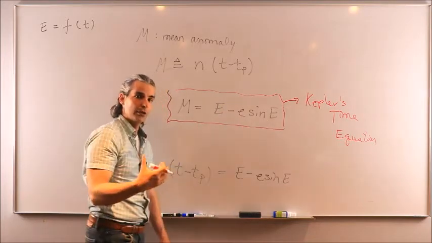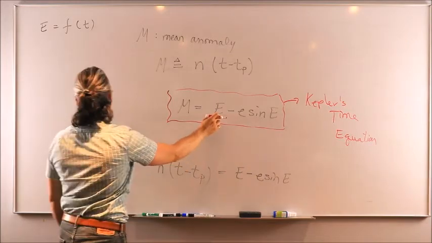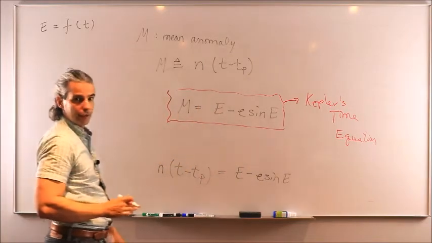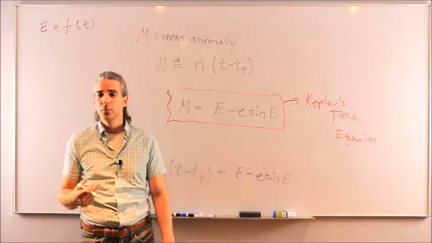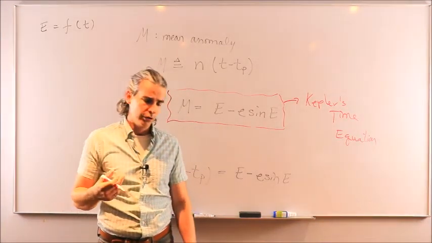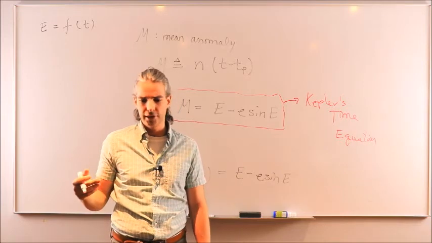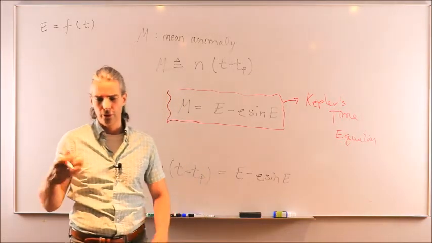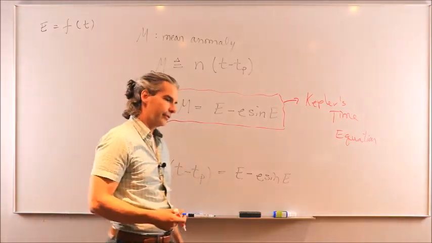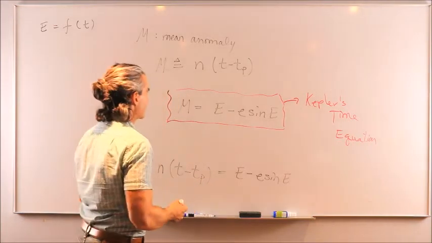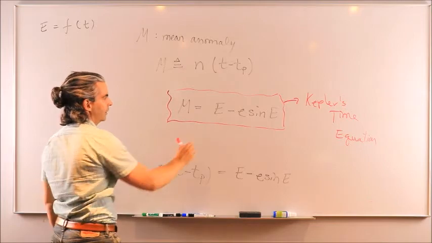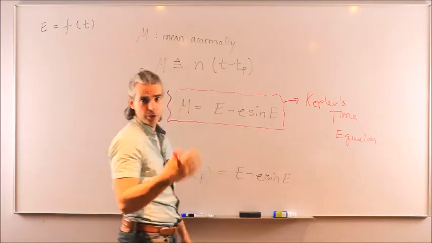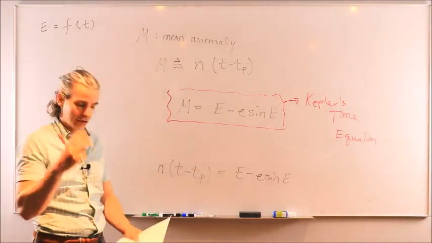But we know we can relate the eccentric anomaly to the true anomaly, and that's what we did in the first step with tan of eccentric anomaly over 2 equal to the square root of the 1 plus e over 1 minus e term, or vice versa, times tan of true anomaly over 2. And then we now have closed the loop and defined the proper relationship between true anomaly and time as a two-step process.